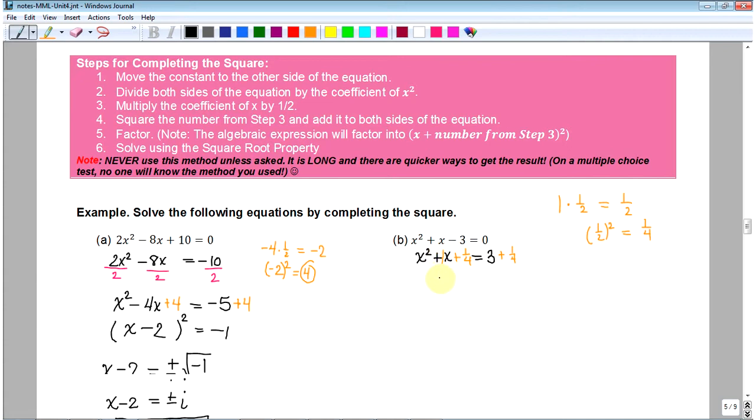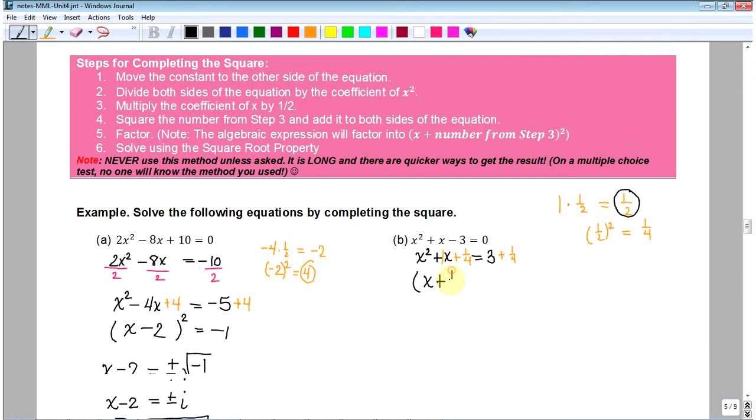Next, we should be able to factor if we completed the square properly. This is where my hint will come in handy so you don't have to deal with factoring and fractions. The number that you got when you took half of the coefficient of x, which was 1/2, is the number that goes in your parentheses.